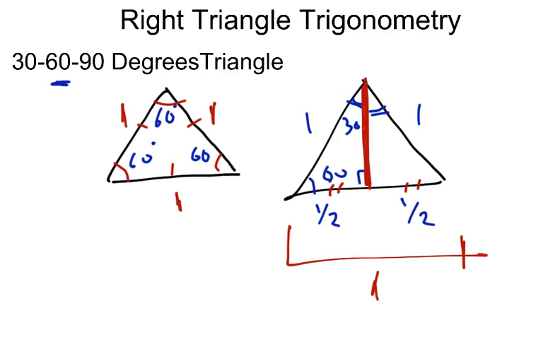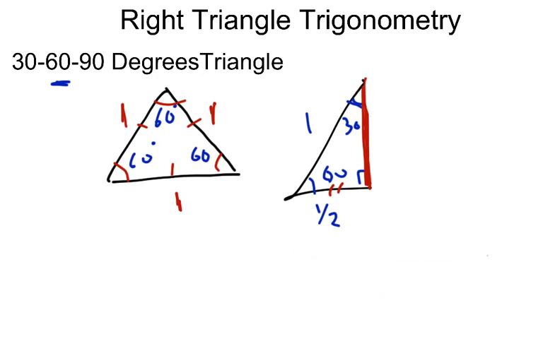Now I'm going to take this off, because I don't need the other half of the triangle. I just need this side. Now I have my 30, 60, 90 triangle. That's what I want to show you.